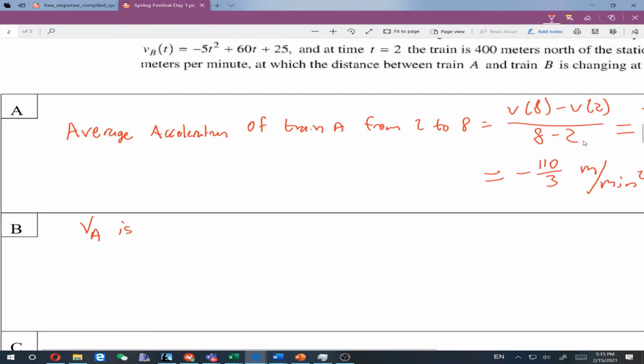VA is differentiable, that was given. And therefore VA is also continuous.